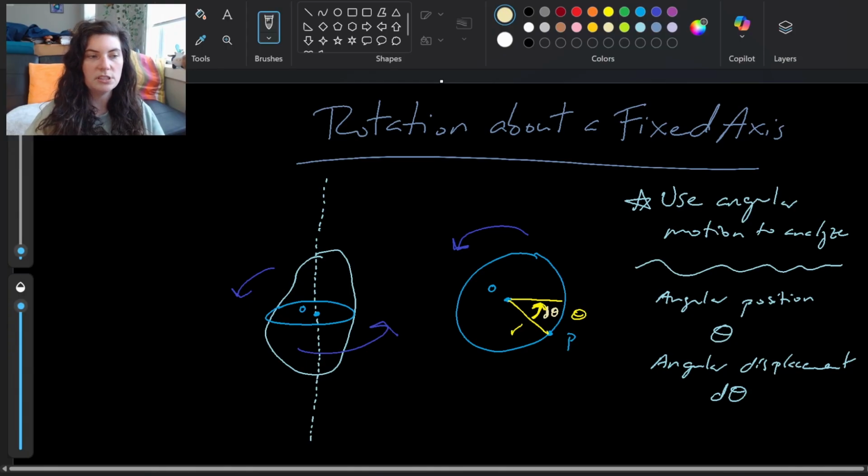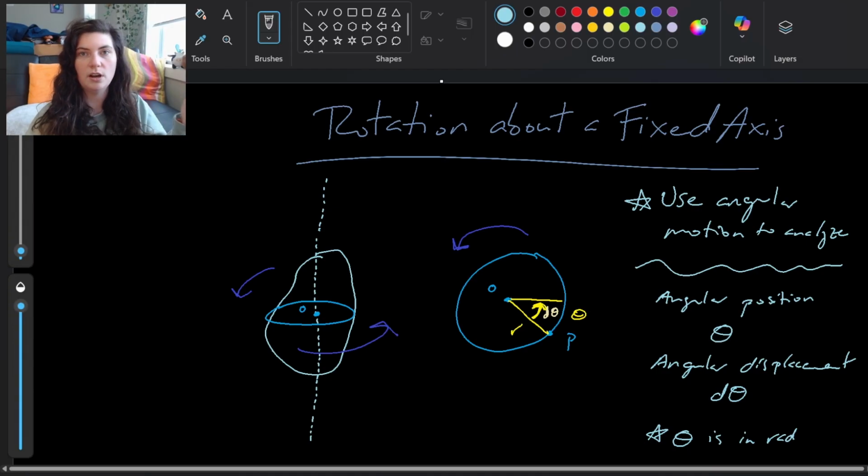We've got our angular position and our angular displacement, and both of these are in radians. It's really important to distinguish: all of these angles, theta and d theta, are in radians. Occasionally you might be given these in revolutions, like how many full turns something makes.